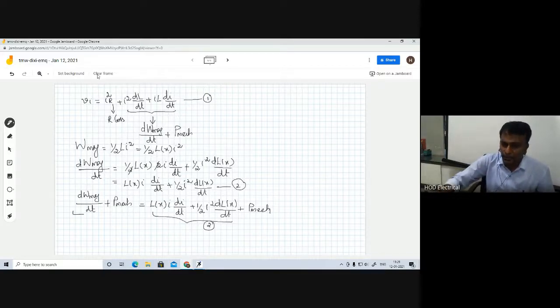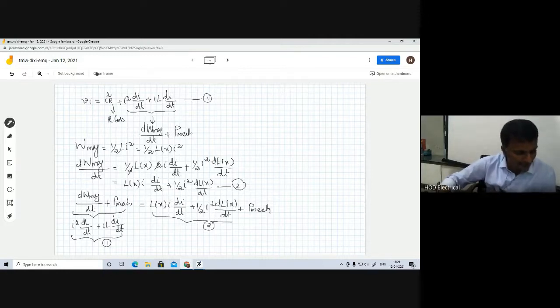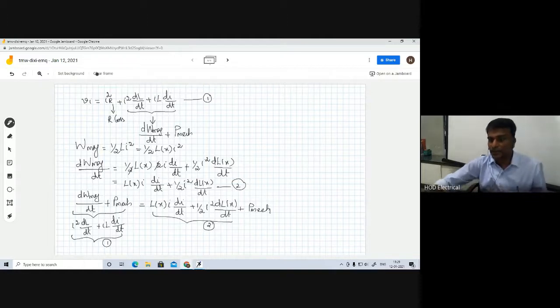Now we already know this value from equation 1: I squared dL divided by dt plus I into L into dI divided by dt. If we equate like this, we will have the rate of change of mechanical field energy.